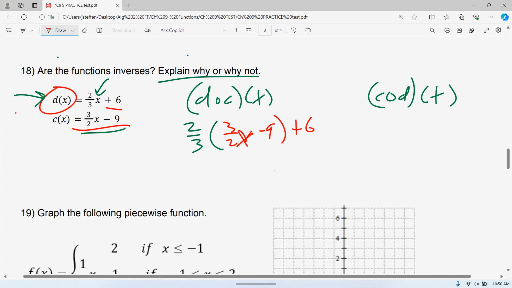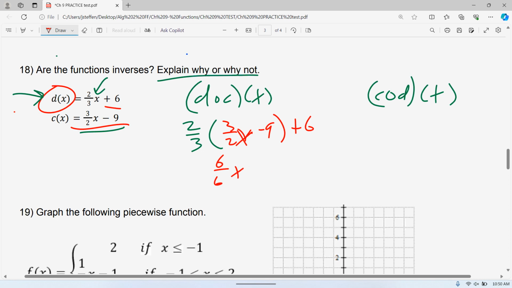So when you multiply numerator and denominator, you get 6 over 6, which is 1. And then 2 times 9, and again, I would use a calculator if I were you for this stuff. But that is 2 times 9 is 18. It's supposed to be plus 9. Sorry, tired. It's catching up with me. But 6 over 6 is 1. 18 over 3 is 6. So that ends up just being x, which is what we want.